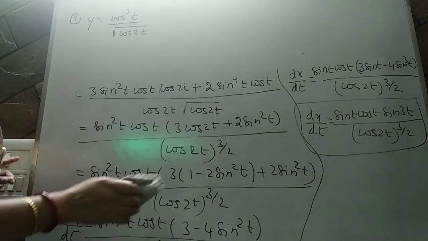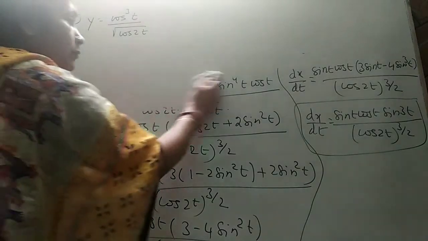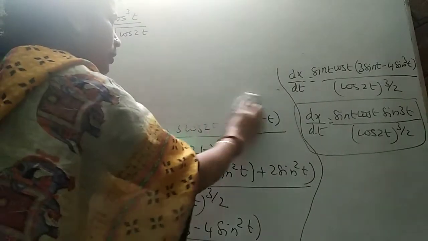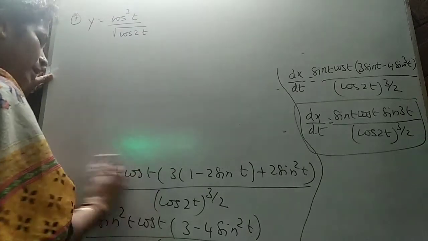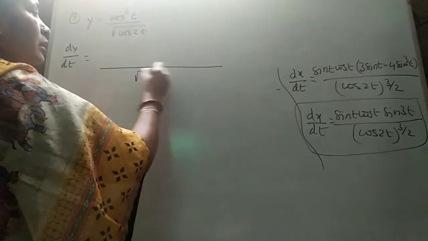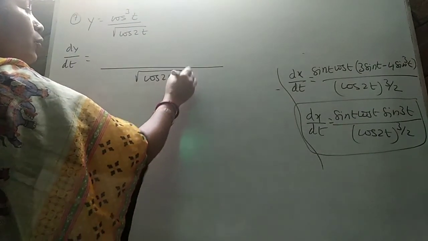Yes, beta. Now next I'm finding dy by dt the same way. Even you can start, check your differentiation once. Now I'm finding dy by dt, just as we found dx by dt. Now the same denominator, under root of cos 2t whole square.